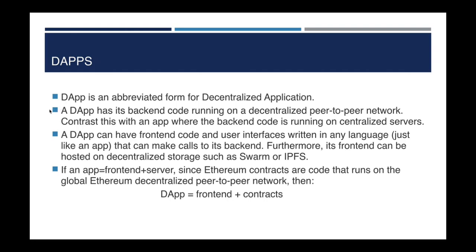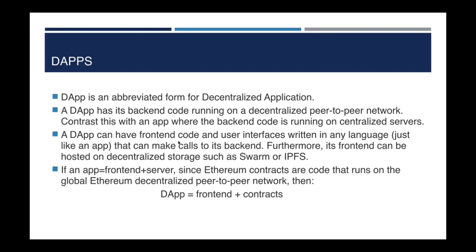To reiterate, you have the backend code running on a peer-to-peer network, which means the backend code will be running on each peer, in contrast to running on one single centralized server.